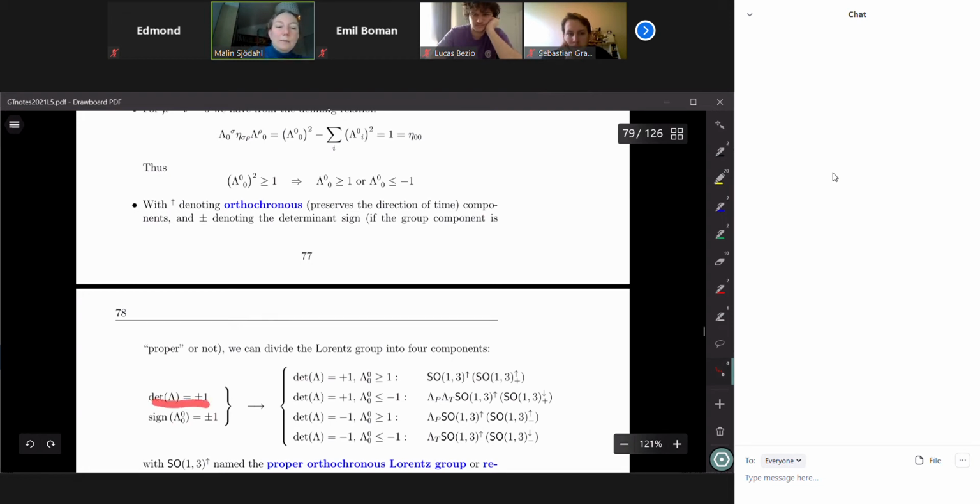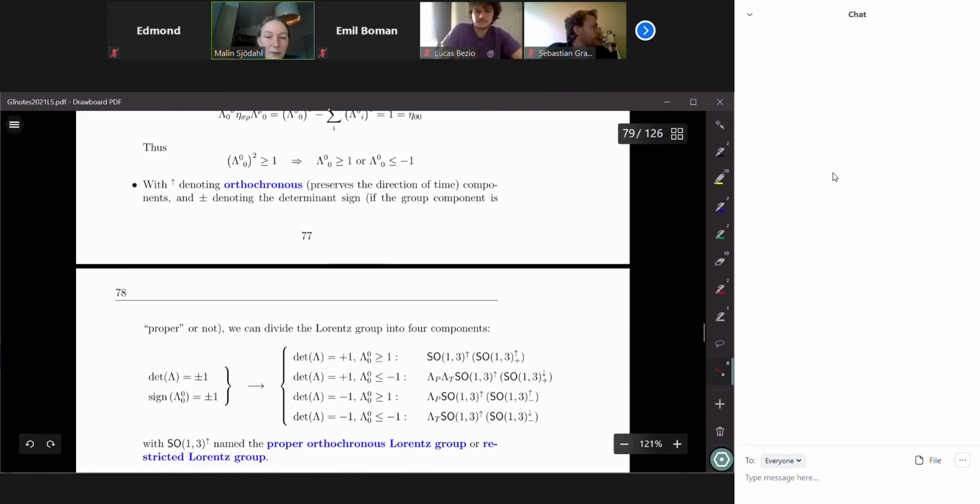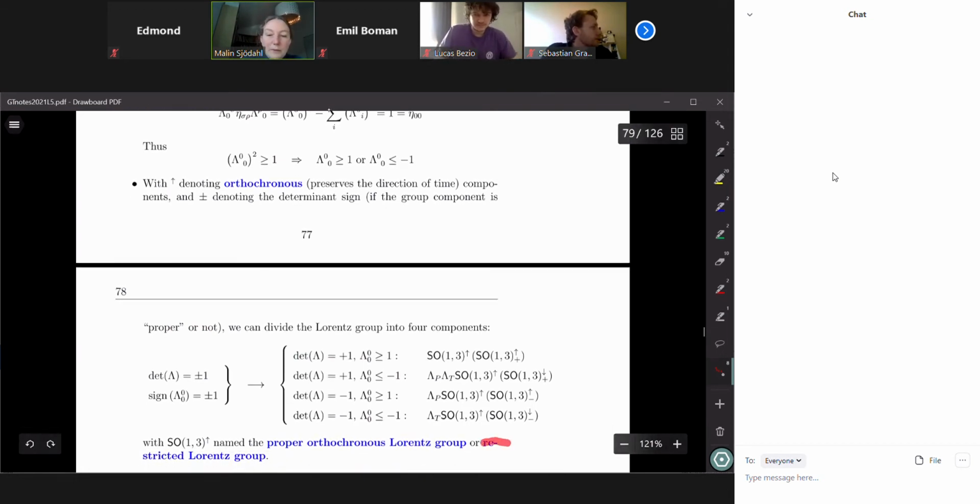So that will be one way of characterizing it, and the other one will be the determinant is plus or minus 1. And that plus or minus 1 is then denoting the determinant, so whether the group is proper or not, so-called proper. And often we actually talk about the restricted Lorentz group.